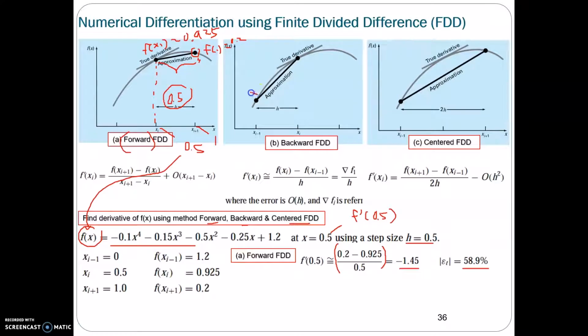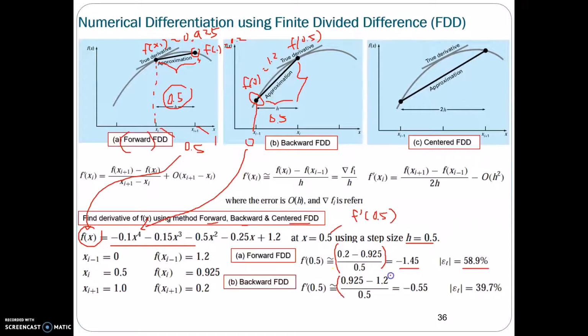For the backward method, you need the backward point here, which is at 0, to find the answer. Substitute the 0 inside this function, and you obtain your f(0) equal to 1.2. The step size here is still 0.5, and the delta y here is equal to f(0.5), which is 0.925 here, minus 1.2.